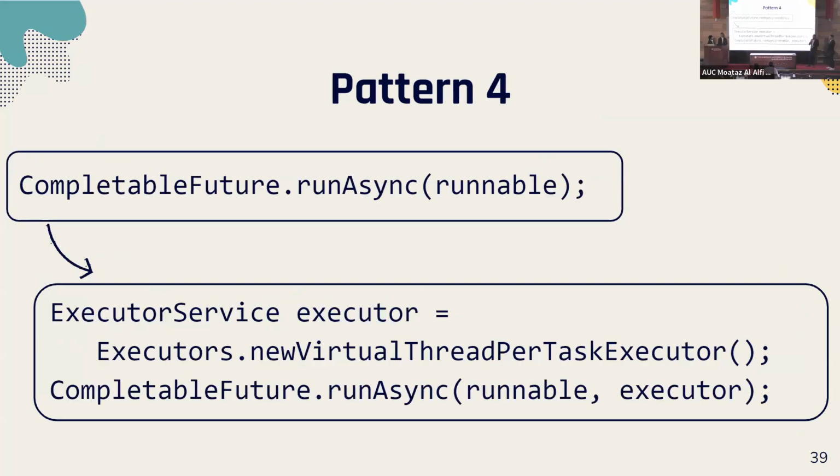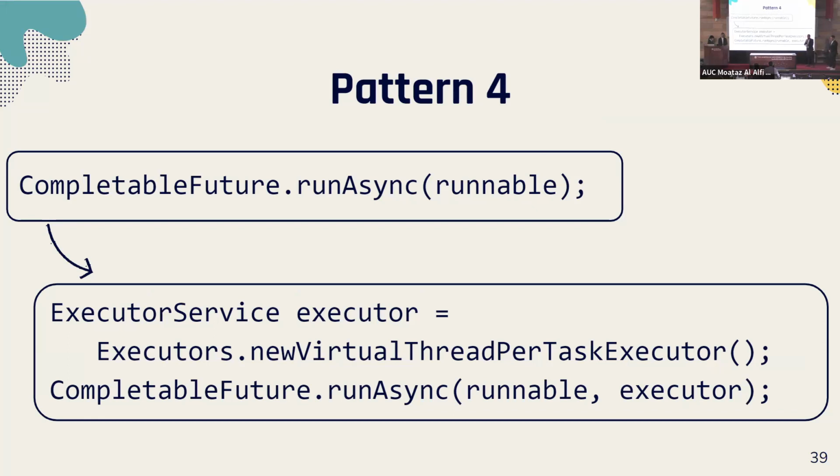Pattern 4 is concerned with the CompletableFuture, like the example that Yassin also explained. We did mention that CompletableFuture represented a big obstacle while tackling this problem. But we discovered that all the asynchronous functions that are used with CompletableFuture can get an executor as a parameter and then use that executor.